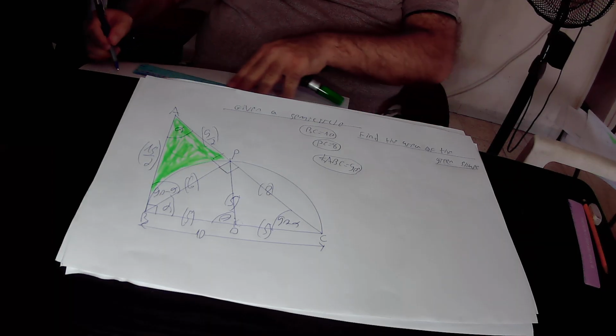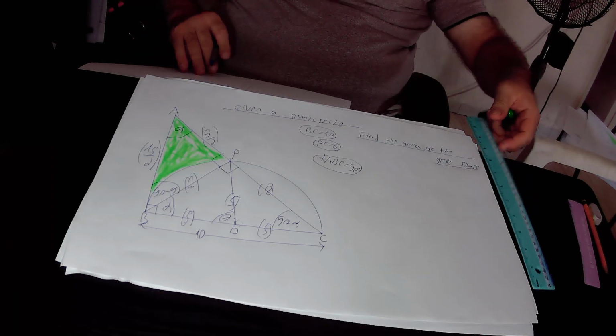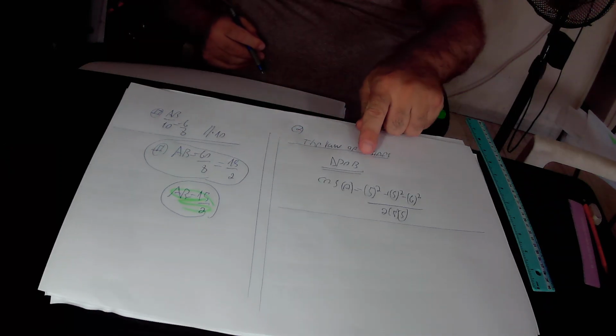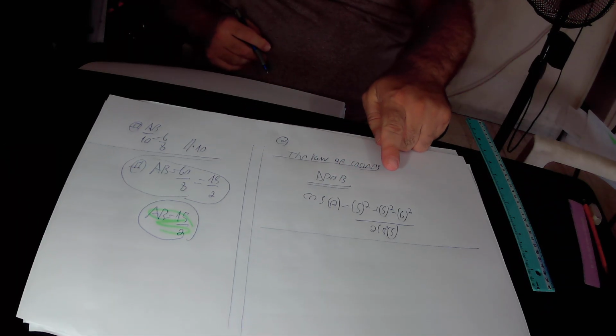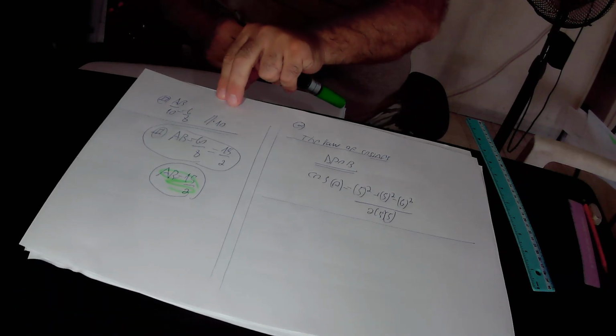So repeat again, in triangle POB, according to the law of cosines, cosine theta equals 5 square plus 5 square minus 6 square over 2 times 5 times 5.